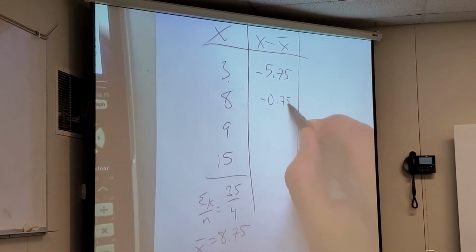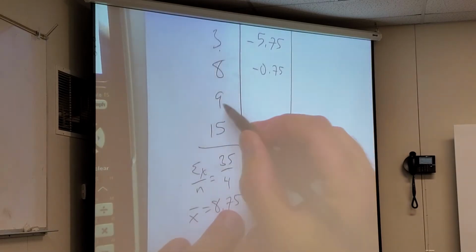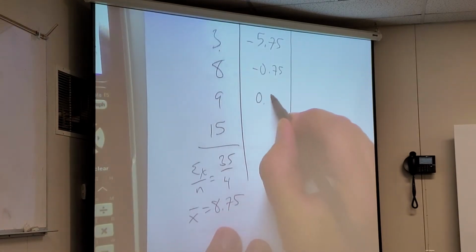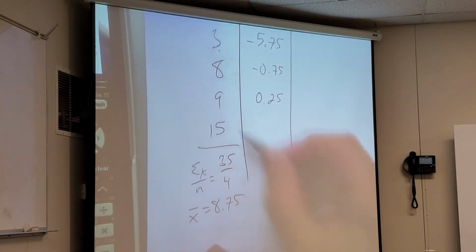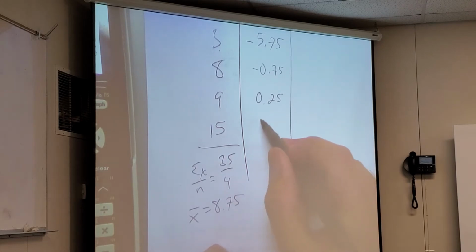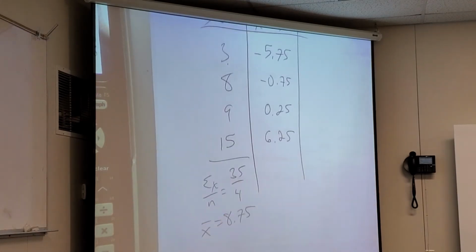Is everybody with me? So this is what I mean. You don't have to do this with the calculator, but if it's a longer list, it should make it quicker. 9 minus 8.75? Yeah, 9 minus 8.75 is 25 cents. 15 minus 8.75? 6.25. Okay.